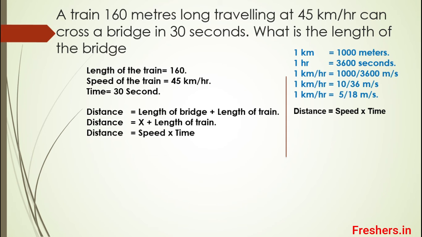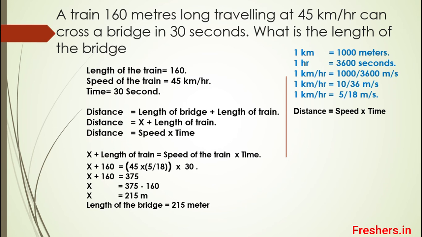So distance equal to x plus length of the train, and x plus length of the train will be equal to speed of the train into time. So x plus 160 will be equal to, first we convert this kilometer per hour into meter per second, that is 45 into 5 by 18 into the time taken to cross the bridge, that is 30.